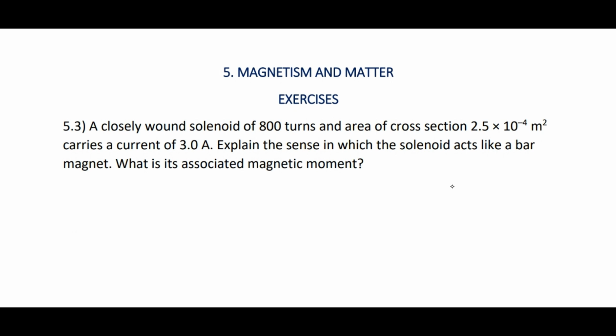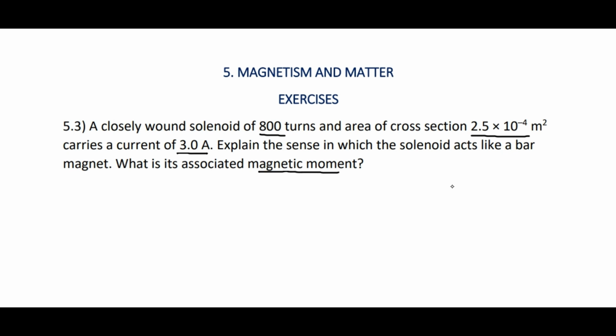Coming to 5.3. A closely wound solenoid of 800 turns and area of cross section 2.5 into 10 power minus 4 meter square carries a current of 3 ampere. Explain the sense in which the solenoid acts like a bar magnet. What is its associated magnetic moment?